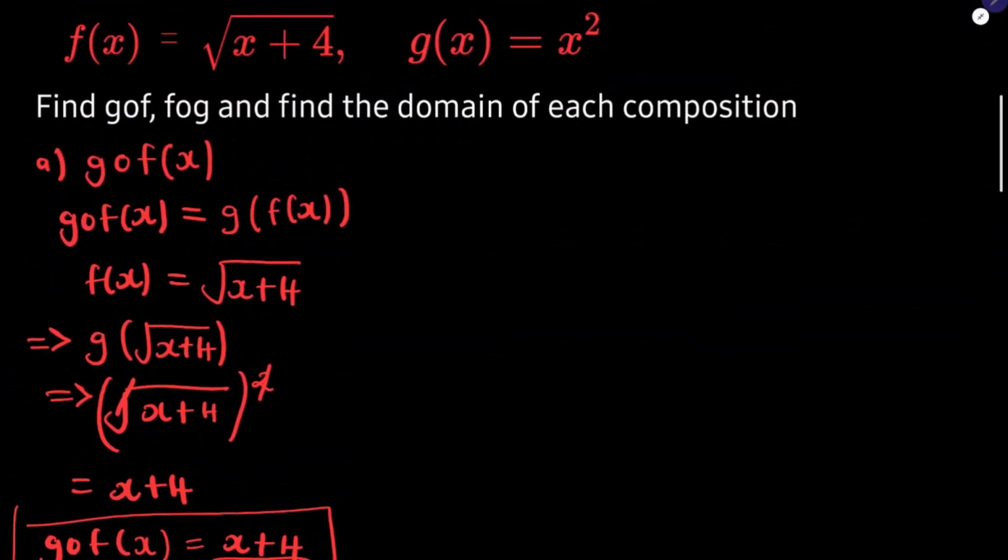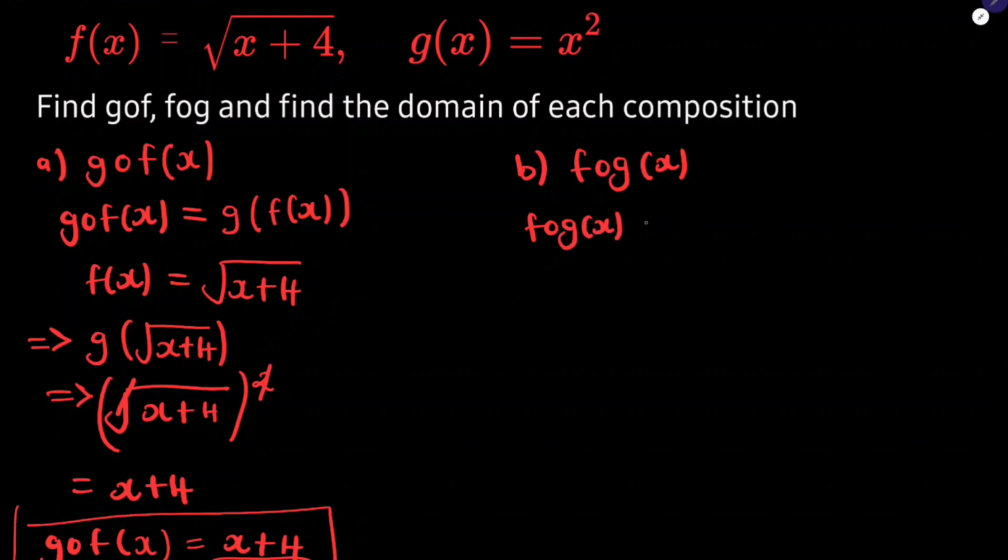So let's go to the second case. Sorry, this is b. Let's go to the b part. The b part says find f of g of x. Again we are going to break this down. We have f of g of x equal to f into g.